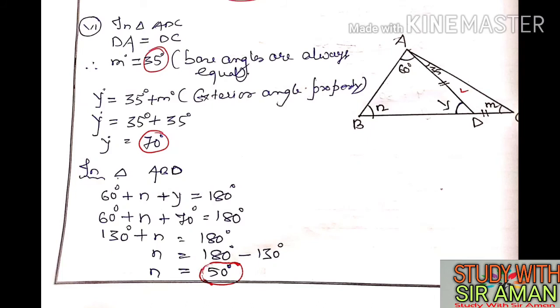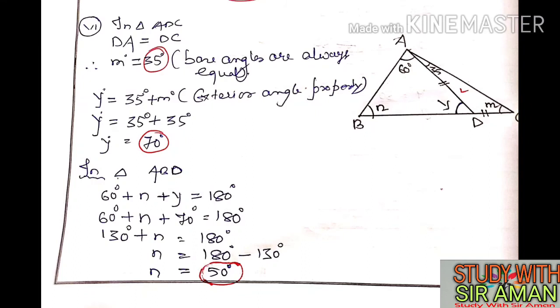Angle Y is the exterior for small triangle. Can you mark it? Angle Y is the exterior angle for small triangle ADC. Okay, means Y is equal to 35 plus M we can write by exterior angle property. Therefore Y is equal to 35 plus 35, 70 degree. Y is 70. Now you check in triangle ABD.